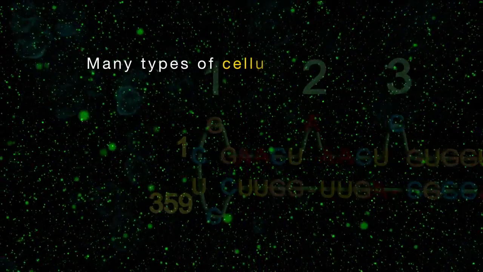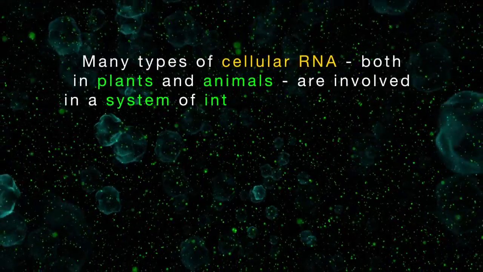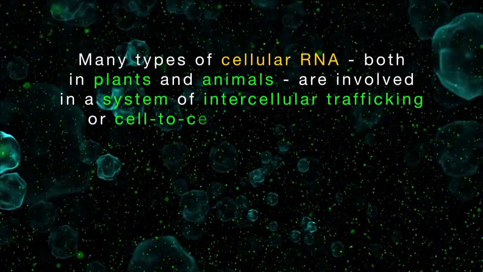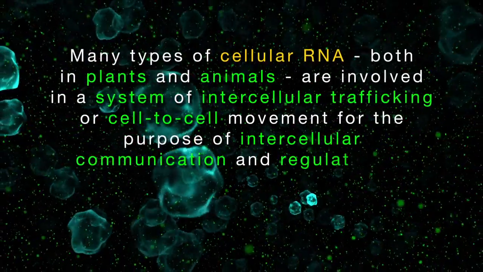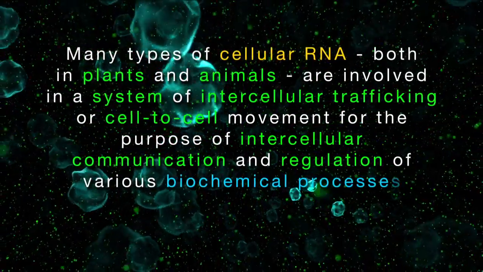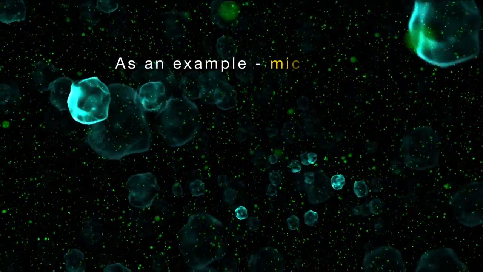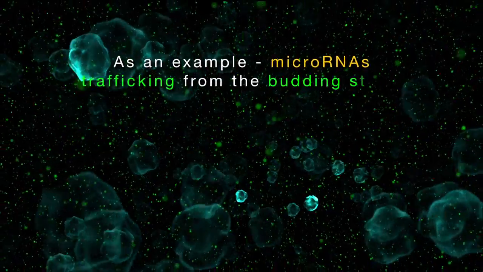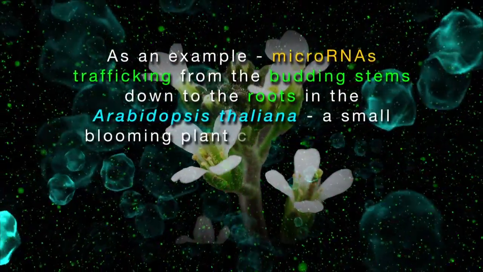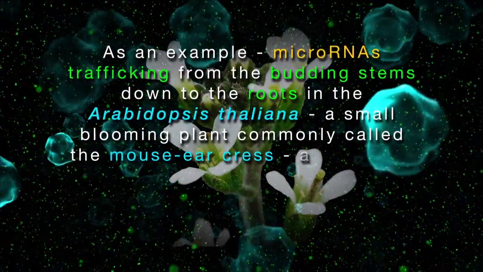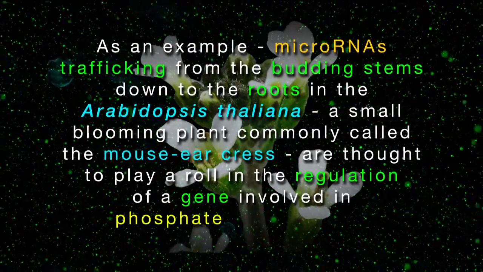Many types of cellular RNA, both in plants and animals, are involved in a system of intercellular trafficking or cell-to-cell movement for the purpose of intercellular communication and regulation of various biochemical processes necessary for homeostasis in living organisms. As an example, microRNAs trafficking from the budding stems down to the roots of Arabidopsis thaliana, a small blooming plant commonly called mouse-ear cress, are thought to play a role in the regulation of a gene involved in phosphate homeostasis.